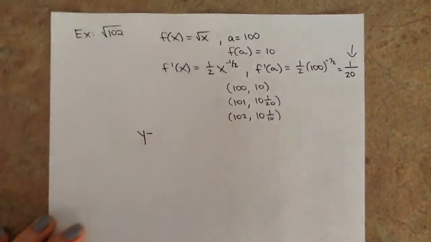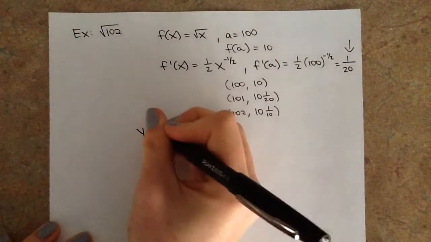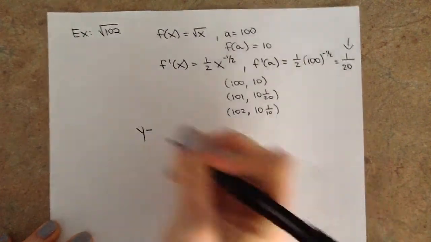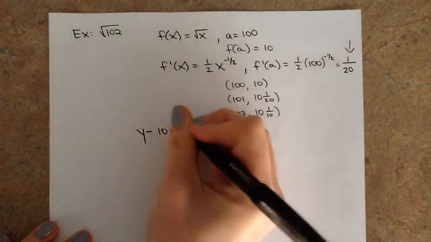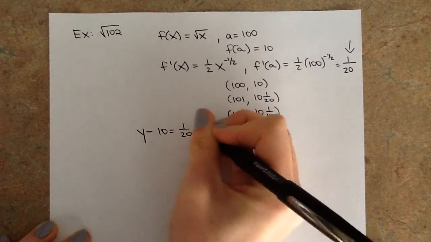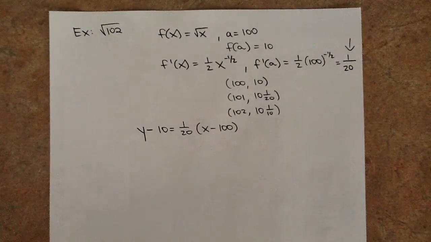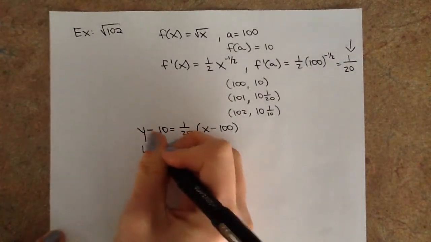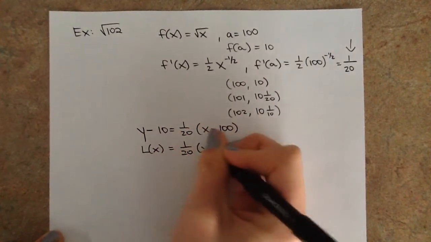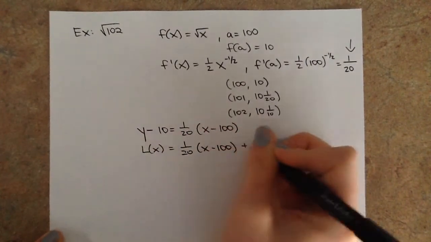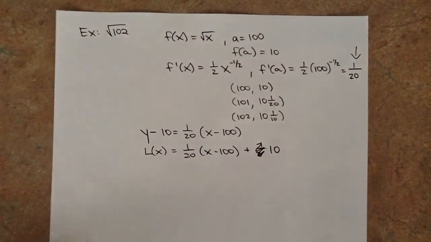So if we do y minus the y value, so for us, y minus 10 equals the slope, 1/20, and then times x minus 100. Okay, so remember the way we actually wrote this? We wrote a capital L linearization function, and then we moved the 10 over to the other side. Oops, sorry, there's the 10.